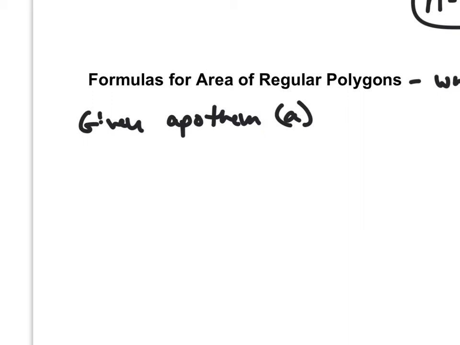That formula is that the area of your regular polygon would be the apothem squared times n, and I'll talk about n here in a second, times tangent of 180 divided by n.